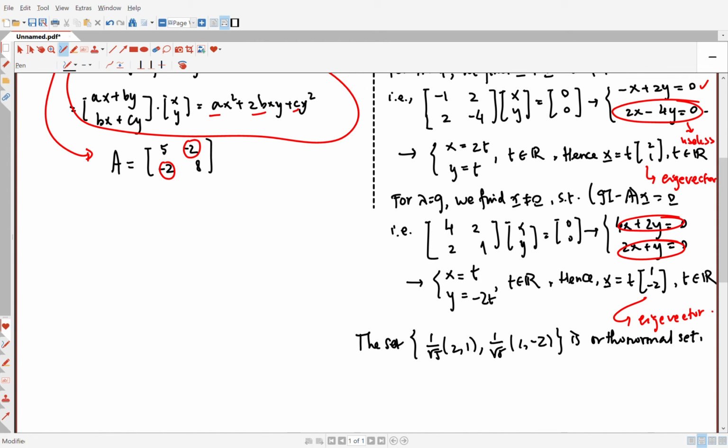Okay, so we can pick this set as an orthonormal basis, or okay, never mind.